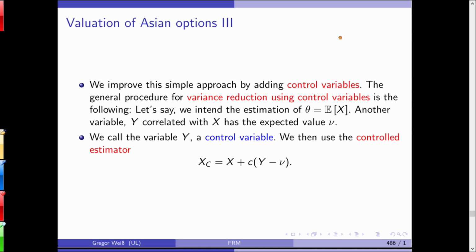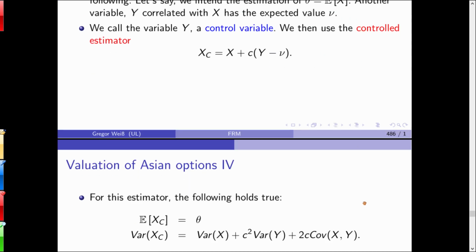So you have X and a correlated variable Y. We call this variable Y a control variable, and we use the control estimator Xc. This is a new estimator, and Xc is given by X plus c times Y minus the expected value of Y, mu.